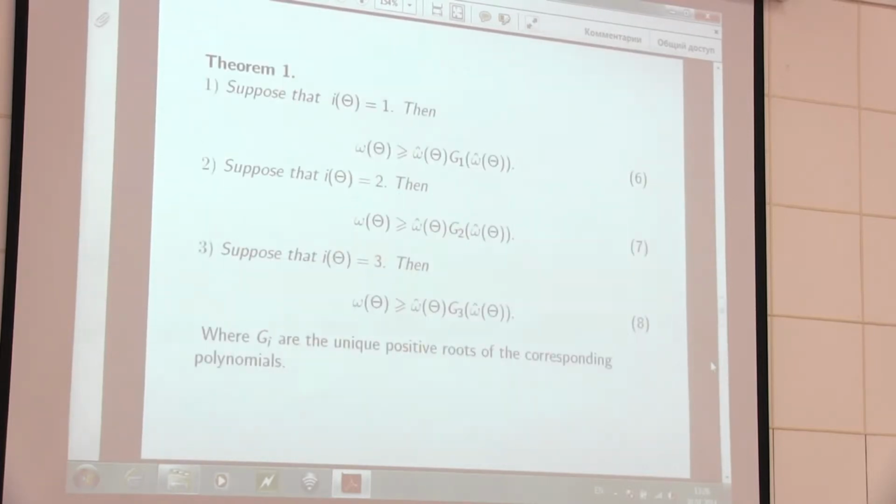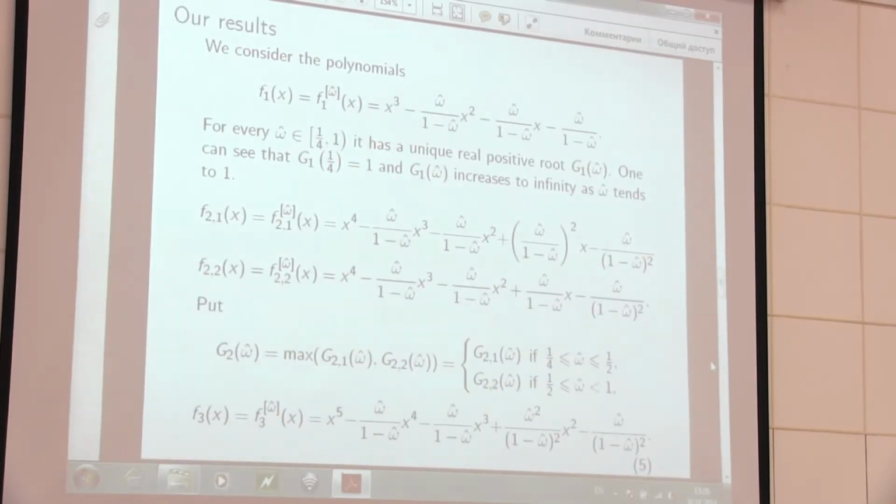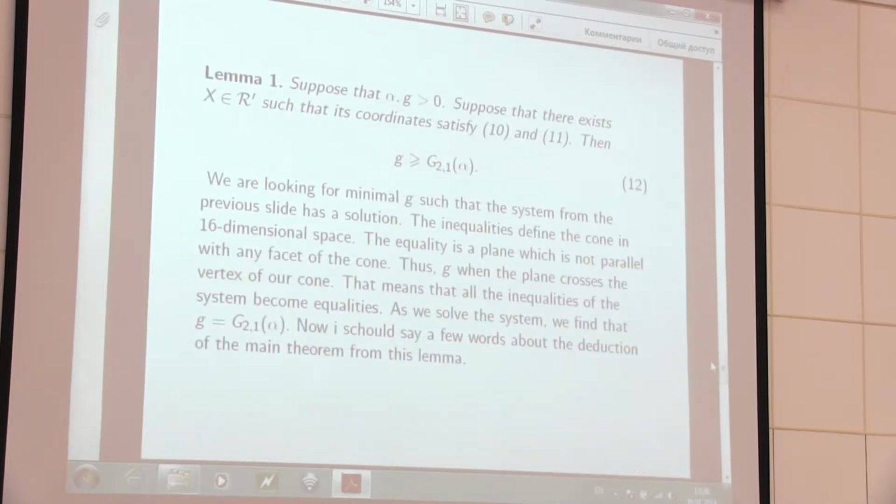I'll remind you that g sub 1 of alpha is the root of the polynomial f sub 1. And we are looking for the minimal g such that the system of equations has a solution.